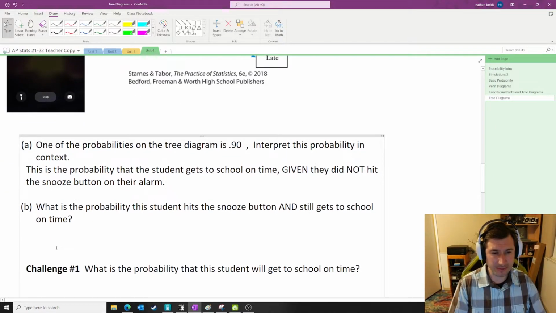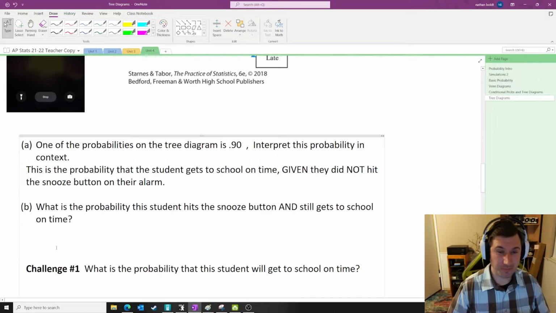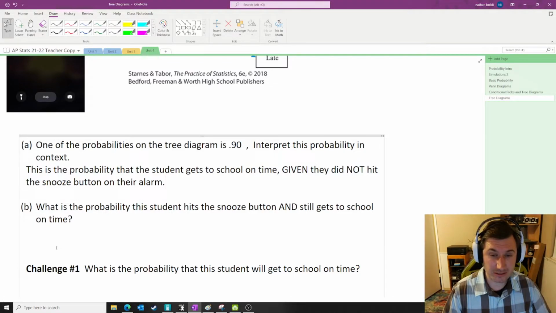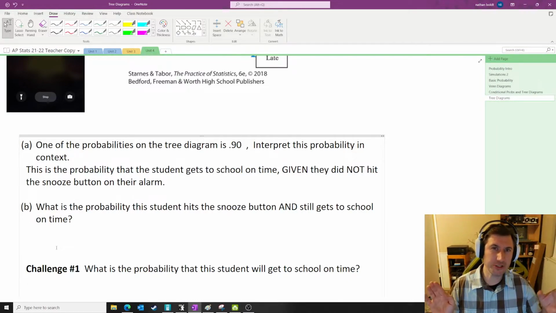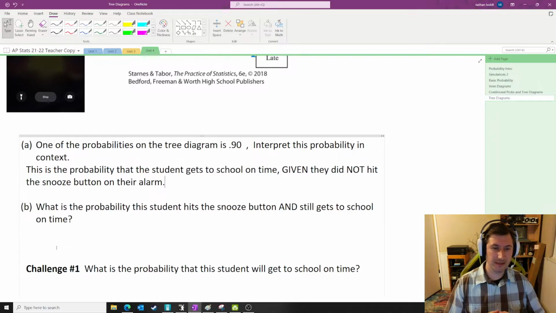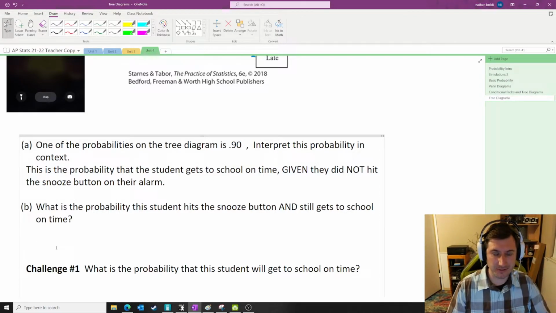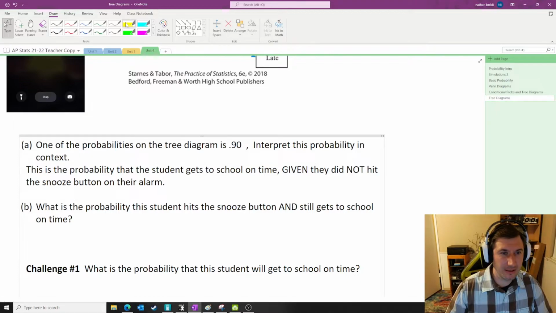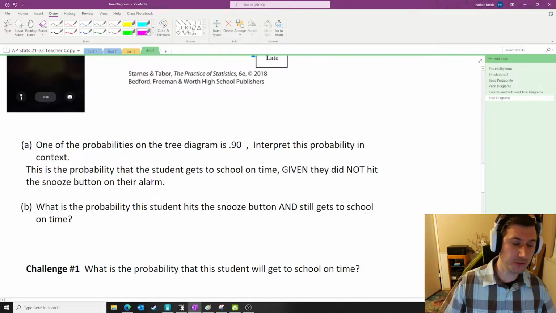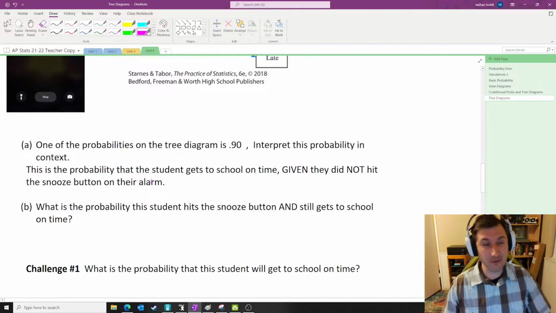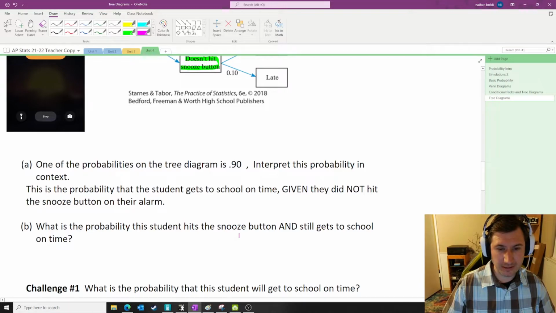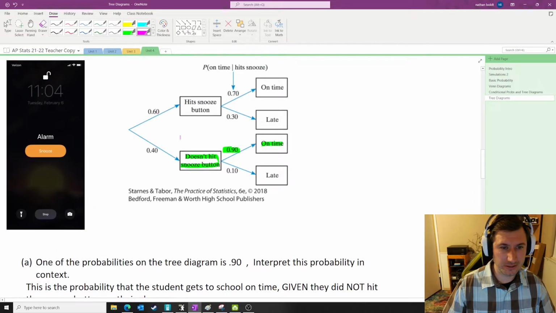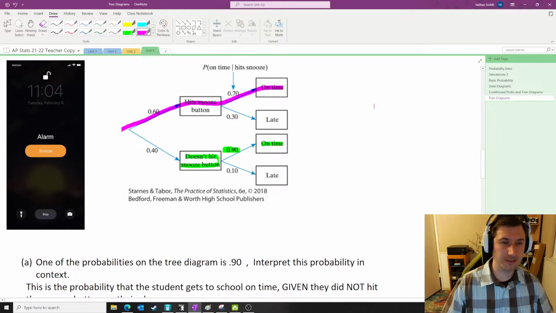All right, what is the probability this student hits the snooze button and still gets to school on time? So it's a random day. We don't know what's going to happen. What are the chances they hit the snooze button and still get to school on time? Well, that's a joint probability. So we're allowed to just multiply down the branches of the tree diagram. They hit the snooze button, but they still get to school on time.